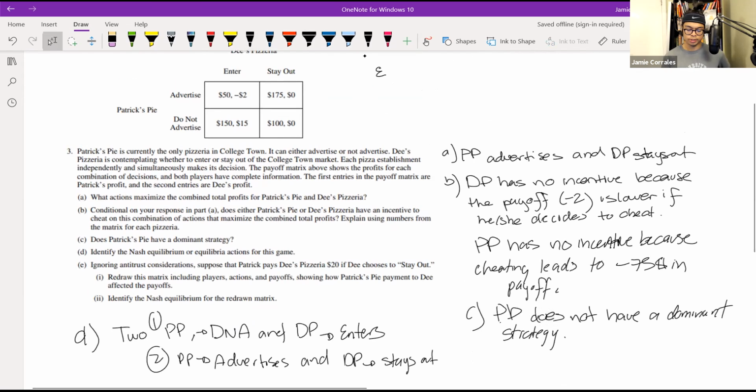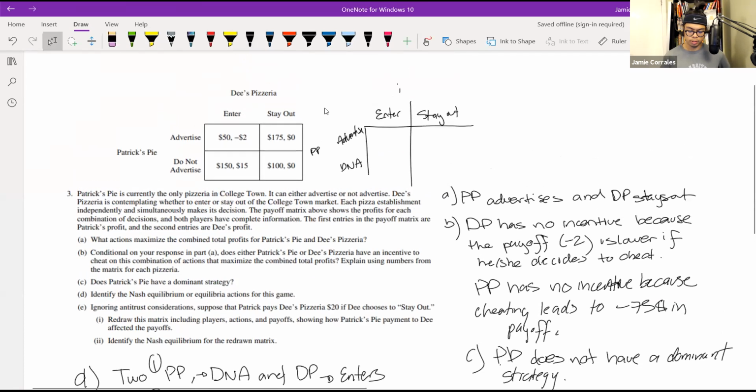So we're going to have enter, stay out, and we're going to have advertise, and does not advertise. And then we're going to have PP, then we're going to have DP.